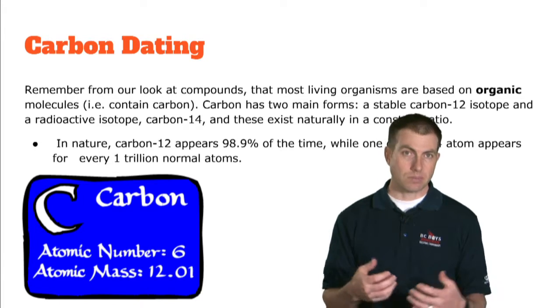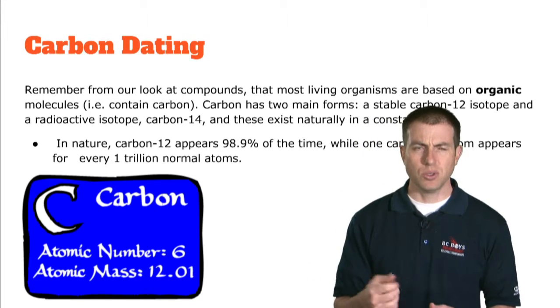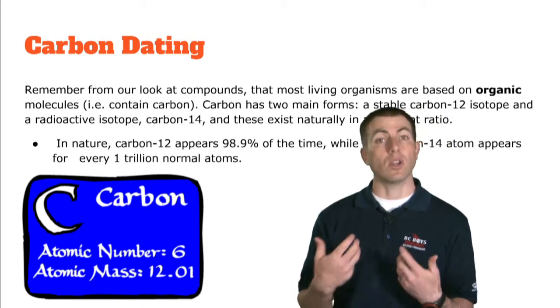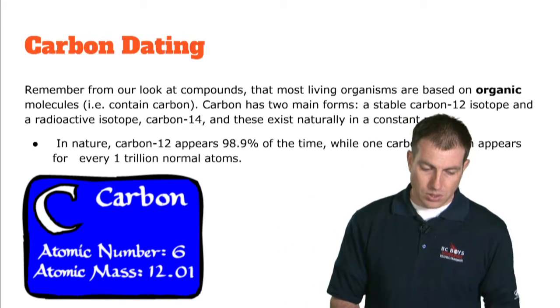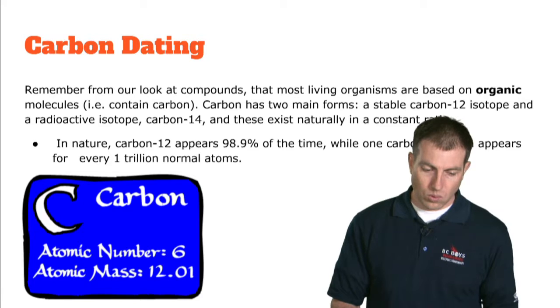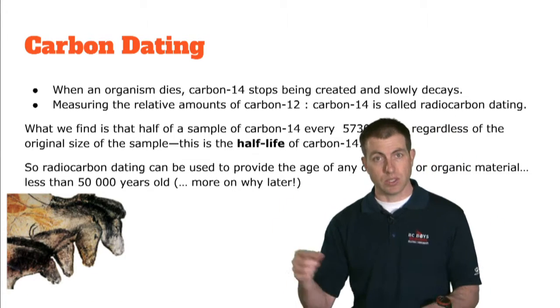And these atoms are made up of carbon. And so you do have a little bit of carbon-14 in you, not a lot, but enough that we can actually find it.